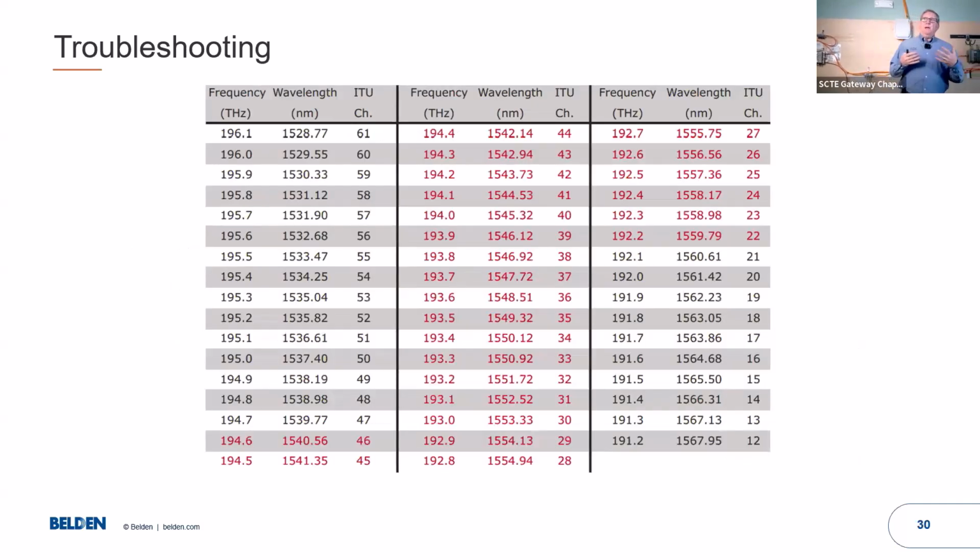Some basic tools of troubleshooting. One of the things that's really important that you don't think about is just a good ITU chart, if you're using an optical spectrum analyzer. ITU is like RF channelized. In RF, you say channel 58, and everybody says 427.25. In the world of fiber, we're talking terahertz and nanometers and wavelengths.